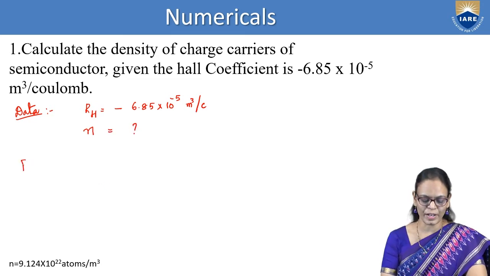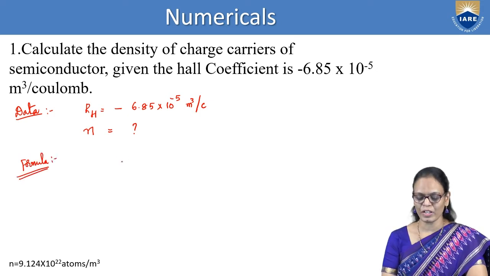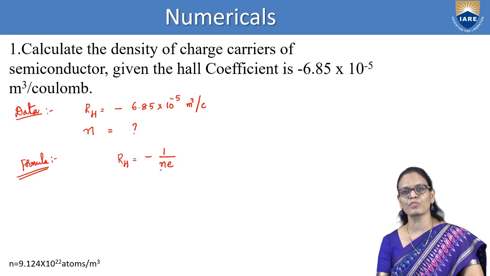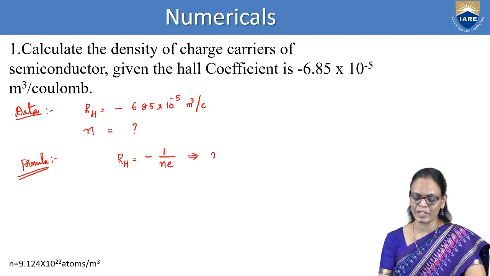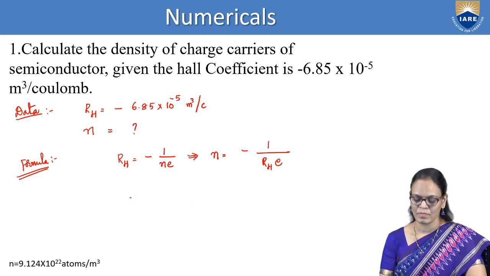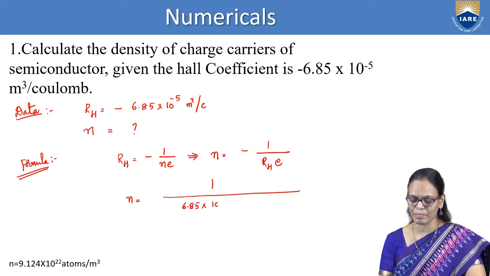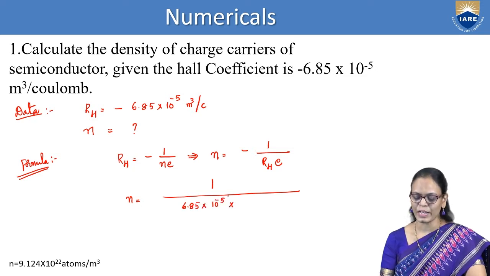What is the formula we have? We know RH is equal to minus 1 upon Ne. Now we are given RH, we have to find N. So using this formula, we write N is equal to minus 1 upon RH into E. So N will be equal to 1 upon 6.85 into 10 power minus 5 into E, because the minus will get cancelled as the value of RH is negative.